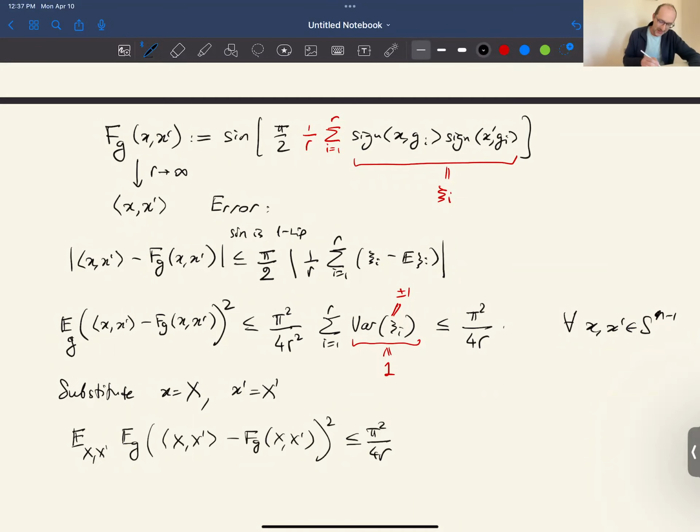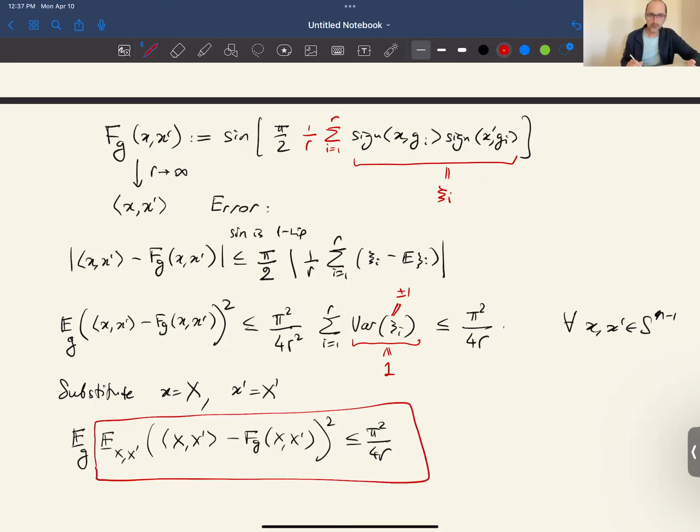Okay, so now we apply Fubini. The expected value over g, the expected value over x, x'. This inequality means that there exists a realization of g for which this bound holds.